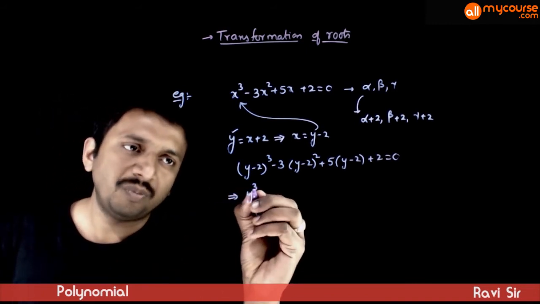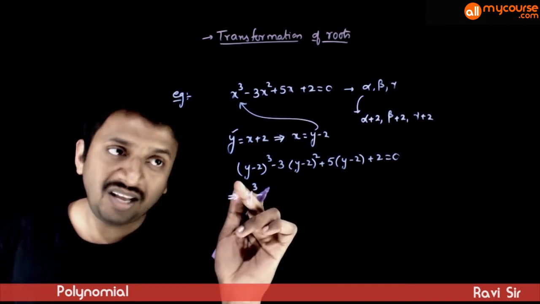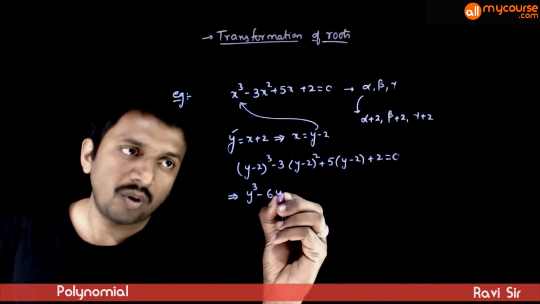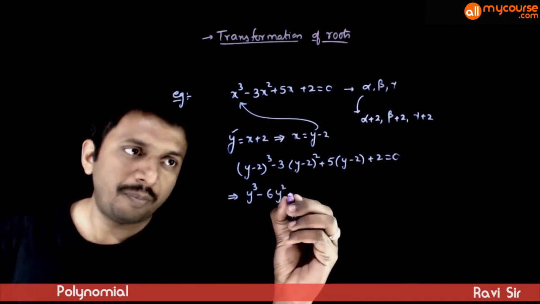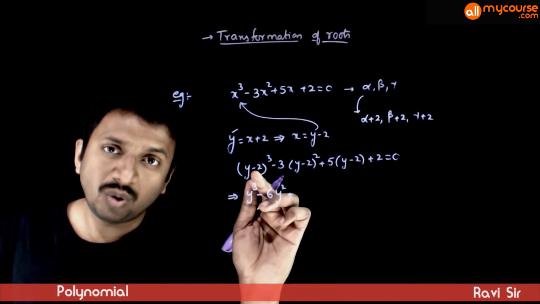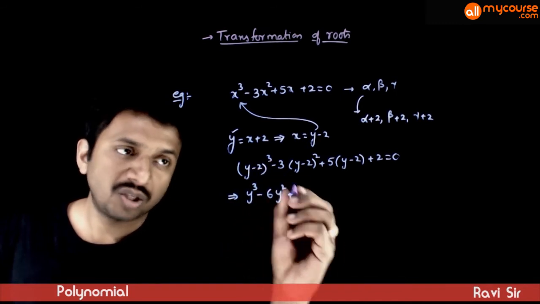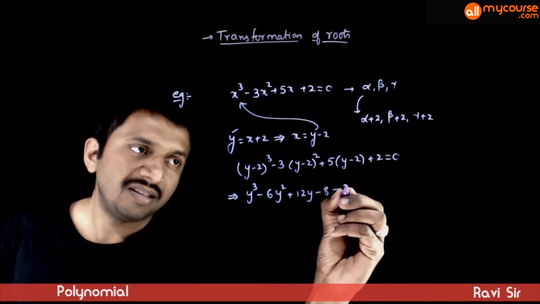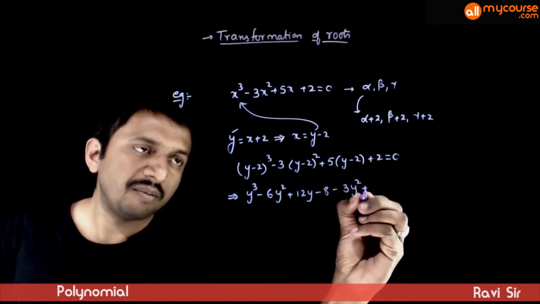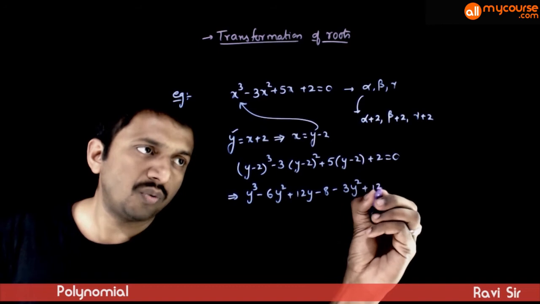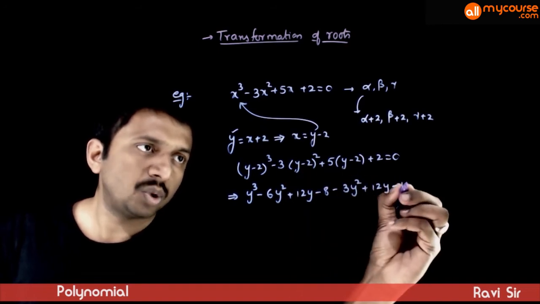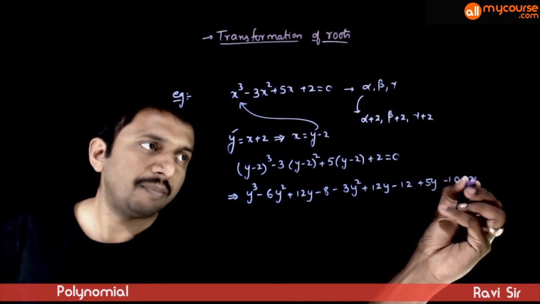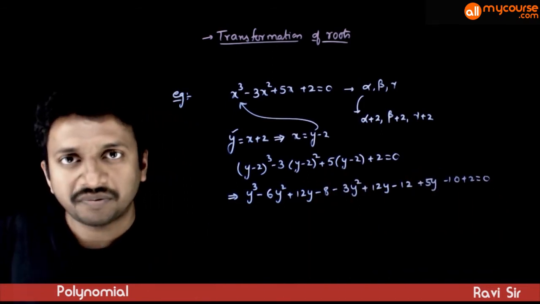So y cube minus 3y square times 2, that is 6y square, plus 3 into 2 square, 3 4s are 12y, minus 8, minus 3y square plus 12y minus 12 plus 5y minus 10 plus 2 is equal to 0.